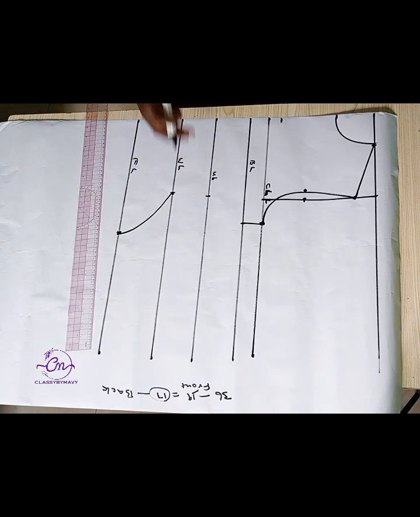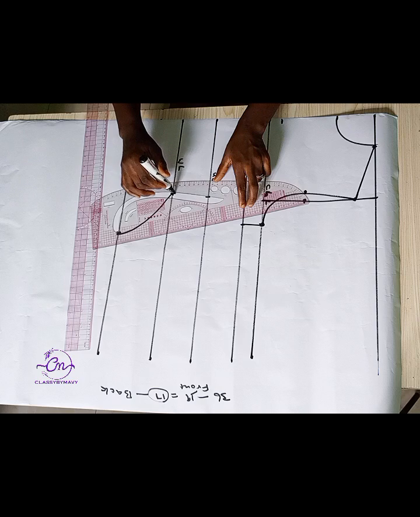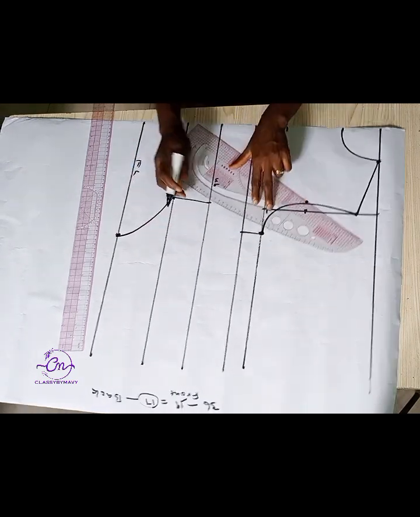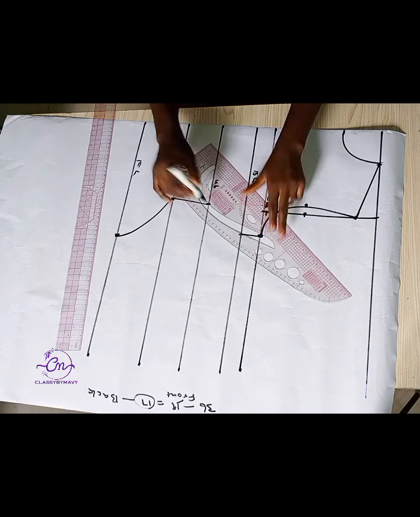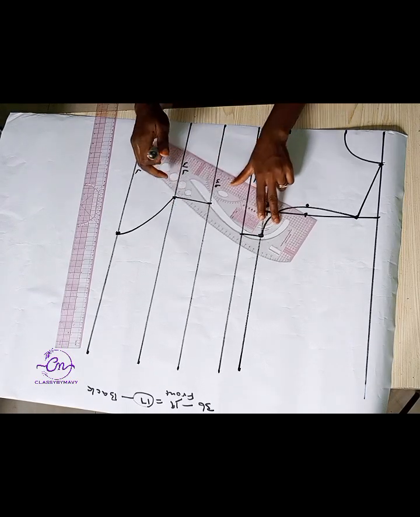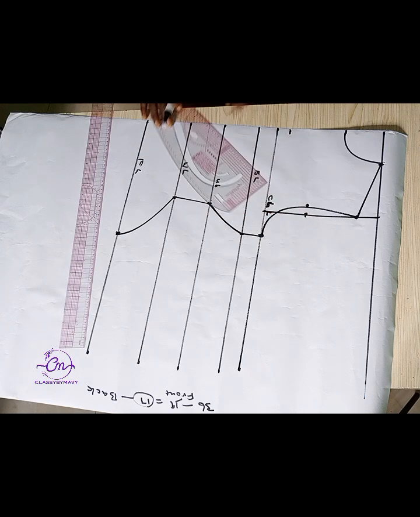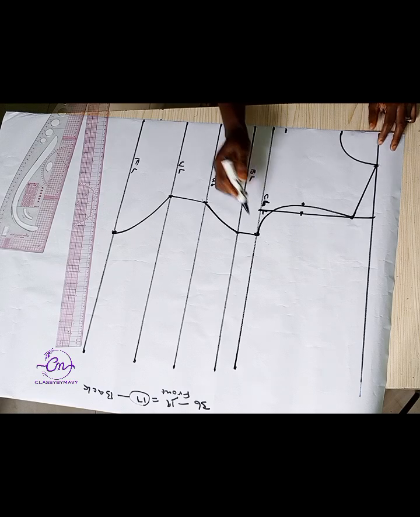Then for this underbust area, I'll link out like this, and then I'll link to the bust like this. Can you see? We have linked our corset pattern.